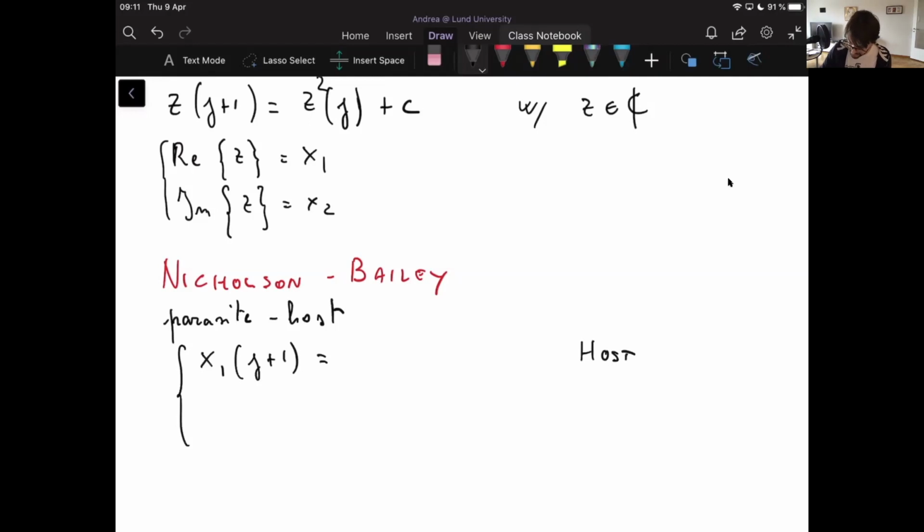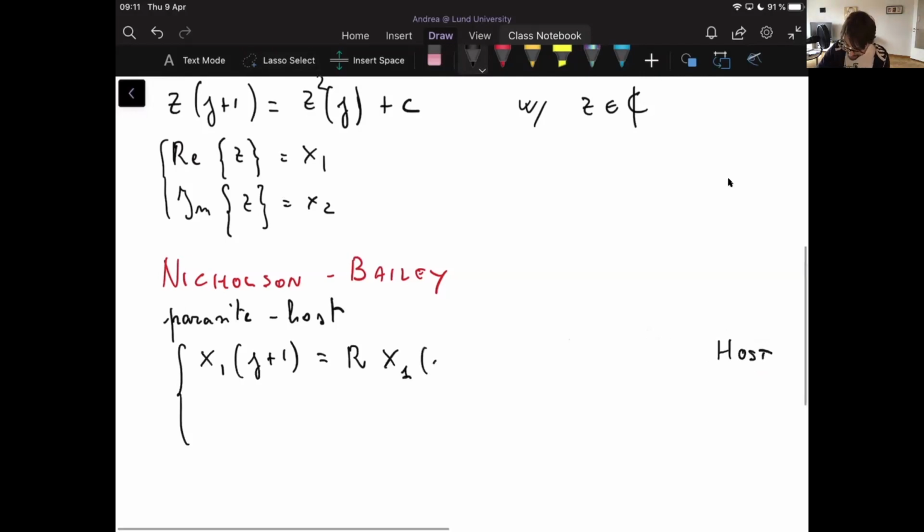Okay, so x1 is the dimension of the host, and this is R, a given fecundity, the reproduction rate for these animals. And then you have x1 at the step j, of course.